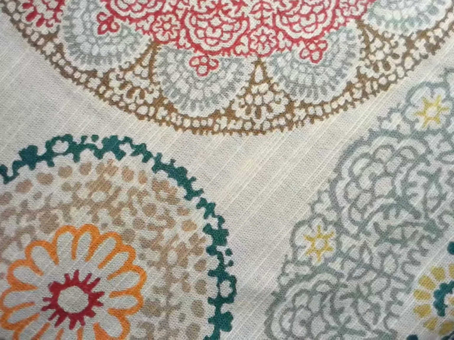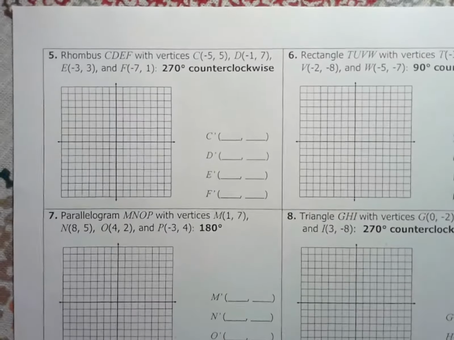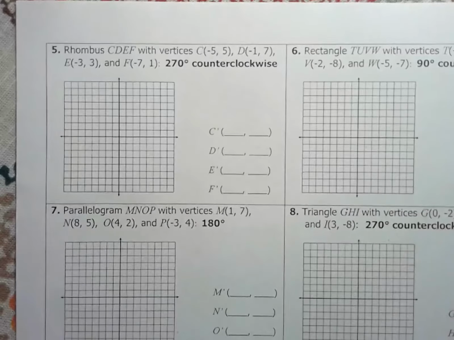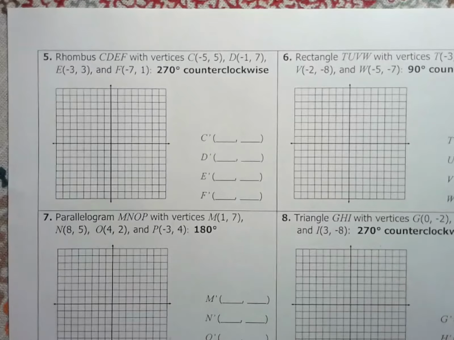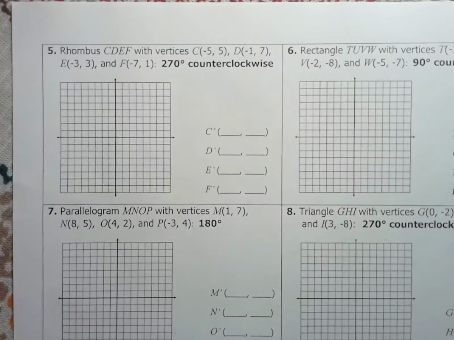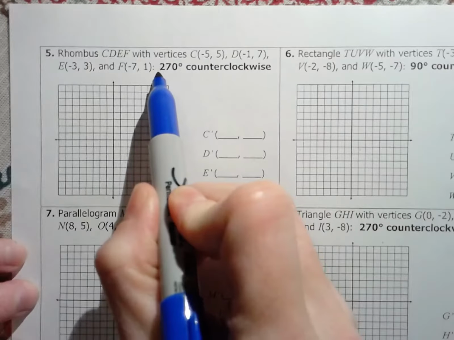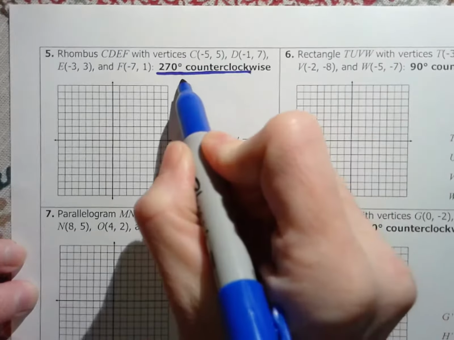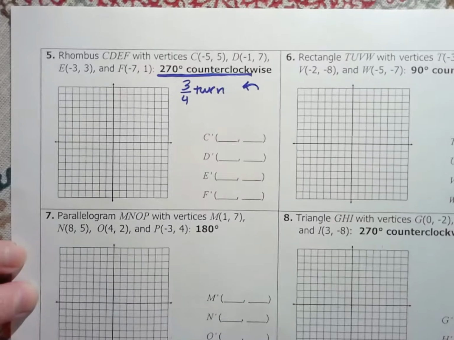Turn the page over and look up at number 5. 5 is the same type of situation that we did on 3. Let me get you started. So 270 counterclockwise, so that's 3/4 of a turn to the left.